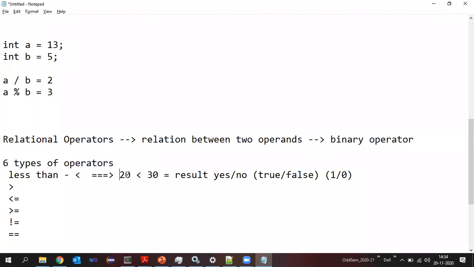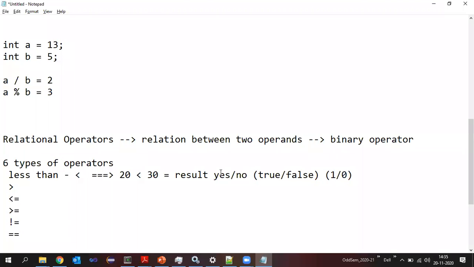Whenever I'm trying to perform a relational operation, in the first case, that is the less than symbol. The first number is less than the second number, or in other words, the first operand is lesser than the second operand. Obviously, the result can have only two values: yes or no. It cannot be anything apart from these two.